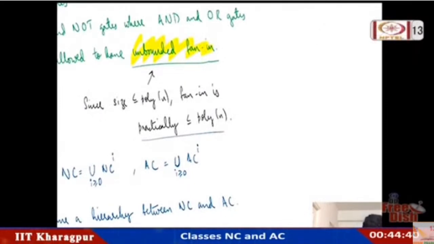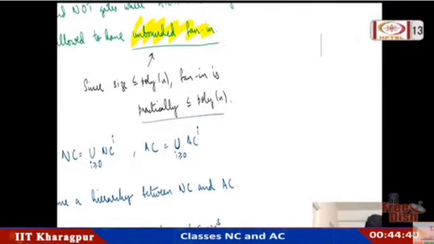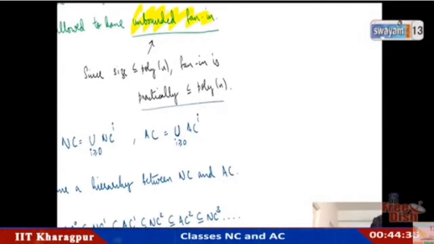Okay, right? And the class NC, without any superscript, is nothing but the union of all the classes NC^i, and similarly the class AC is the union of all the classes AC^i, right? So it's an infinite union.